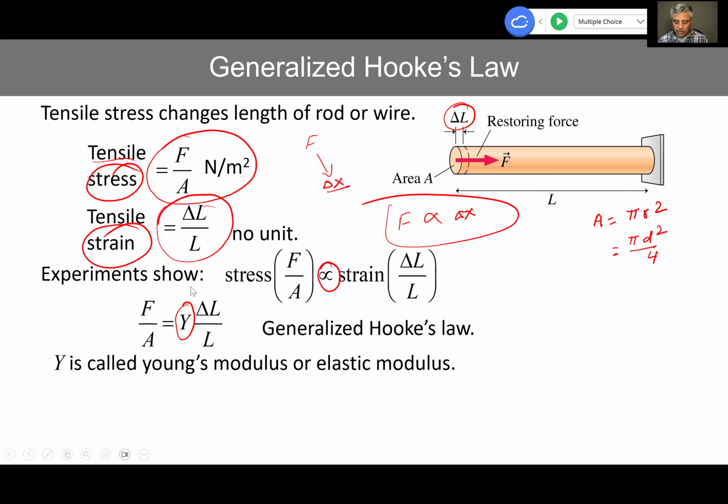And that's called Young's modulus or elastic modulus. So this is one relation that applies to the case when we are trying to stretch a rod-shaped object, or trying to compress it.